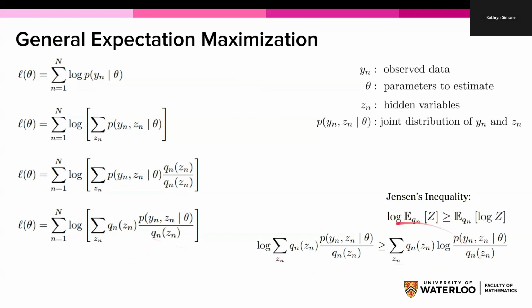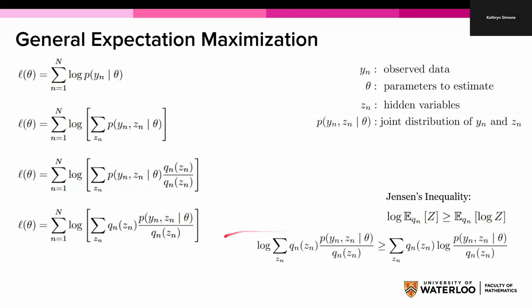Specifically, Jensen's inequality is going to help us here because it tells us that because the log function is concave, the log of an expectation is greater than or equal to the expectation of the log. And this is precisely what's shown here.